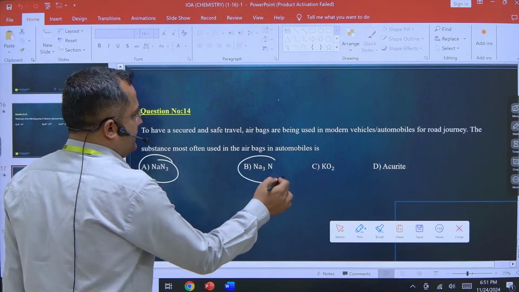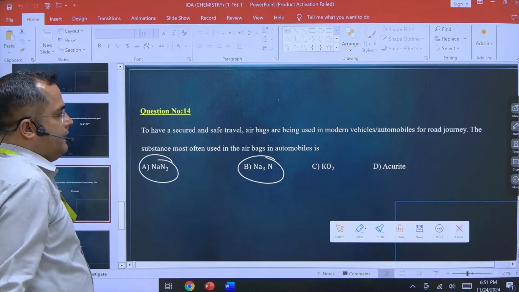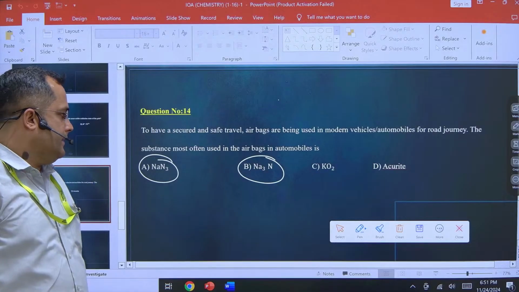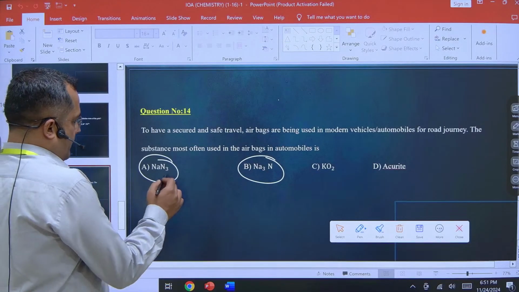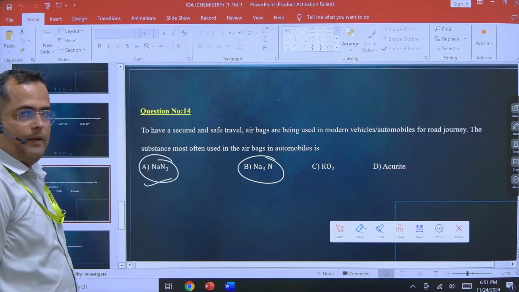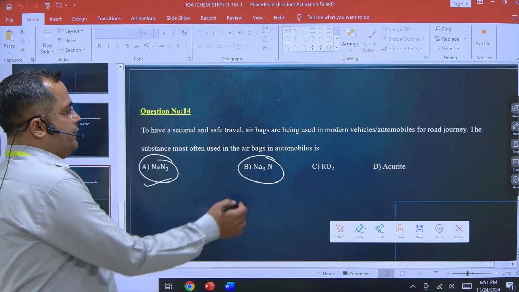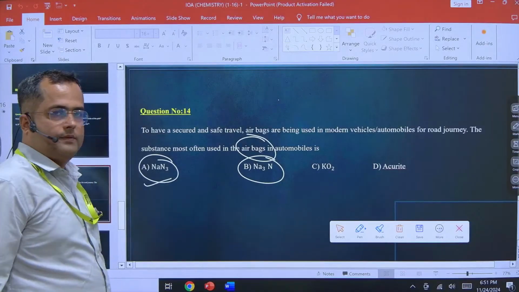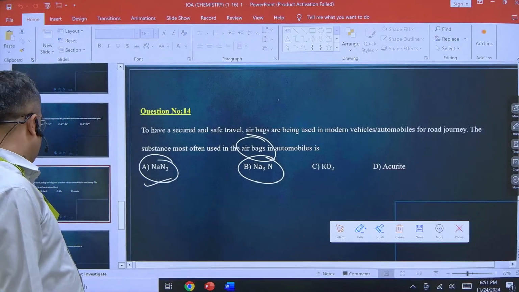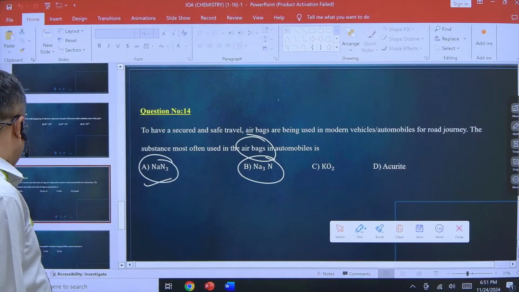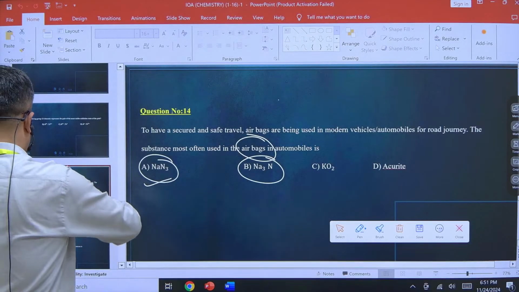These are the two compounds where nitrogen is there, azide. So the option is A. Sodium azide is NaN3. They are used in airbags. Okay. So from my side, for question number 14, option A is correct. Okay. Moving to the next question.